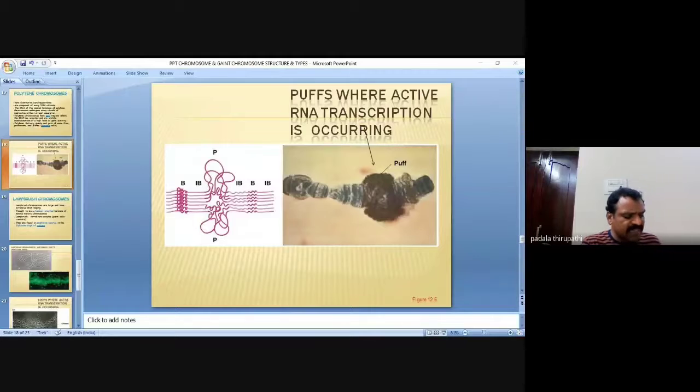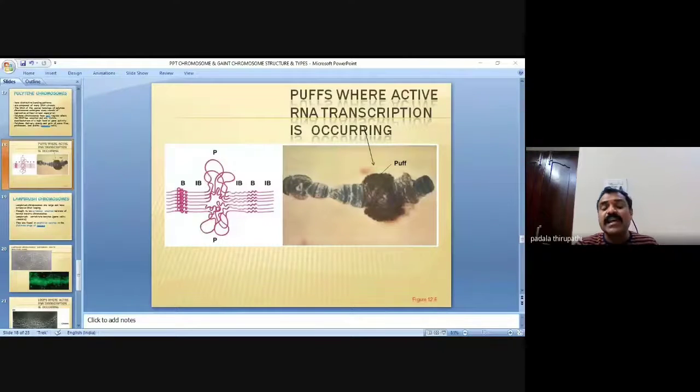Before going to the second type of chromosome, these polytene chromosomes are very important. During metaphase and mitotic division, even in interphase and prophase of the mitotic cell division, the chromosome is in the haploid condition.